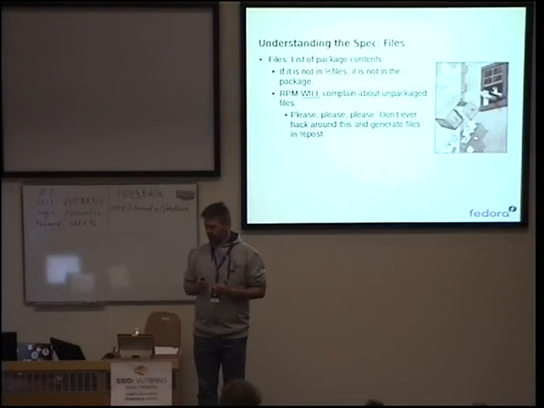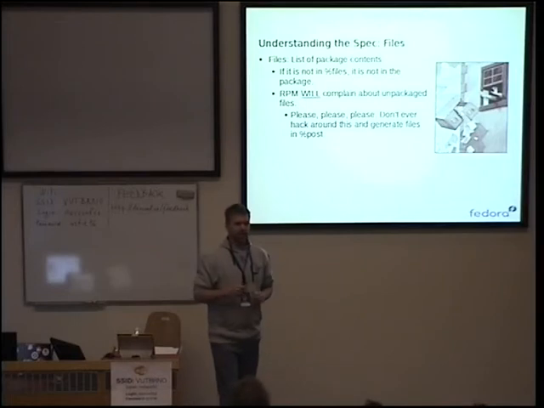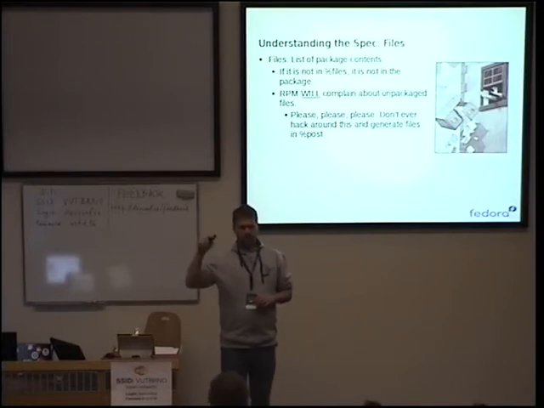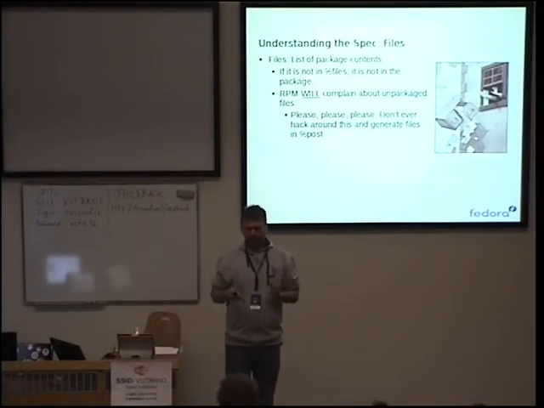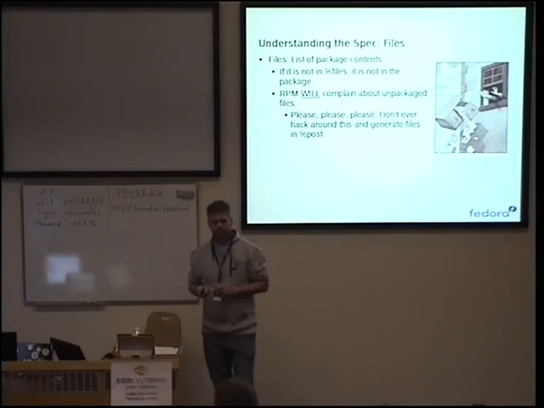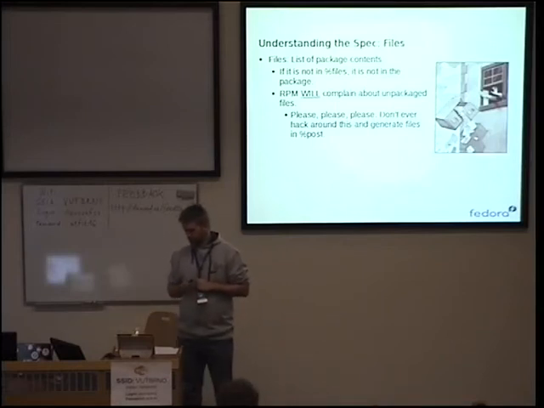If you run rpmbuild -ba, like build everything with that spec, it will tell you that you have those files in the buildroot, but you didn't specify them in the files section. So we will just take them and put them in the files section.